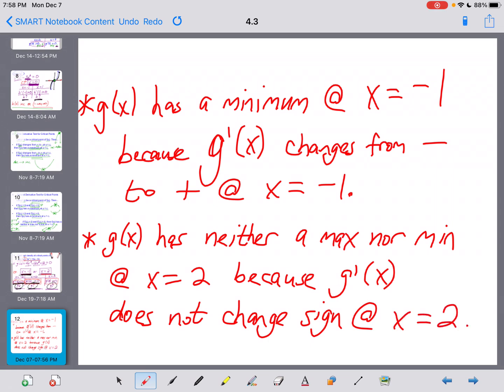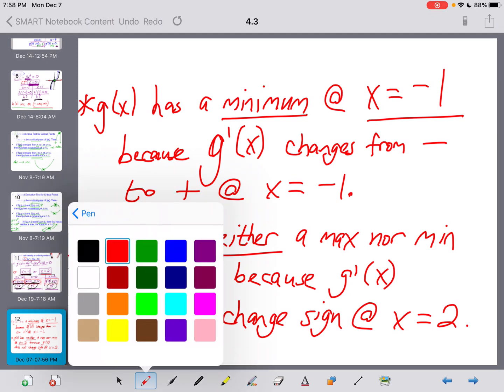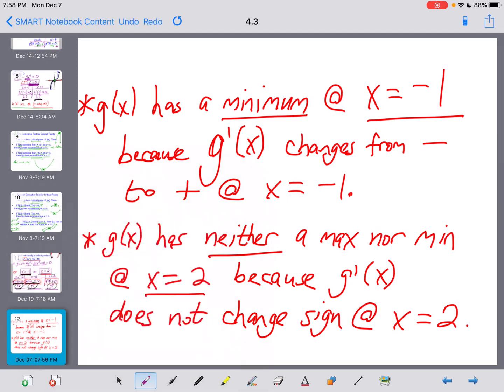Okay, so we've identified the two critical points, x equals -1 and x equals 2, and we've talked about how the first one, at x equals -1, was a minimum, and we explained why. And then we talked about how the second one was neither a max nor a min because the derivative does not change sign. I want you guys to notice I did not use the naughty word in writing down either of my answers here, and that naughty word is "it."